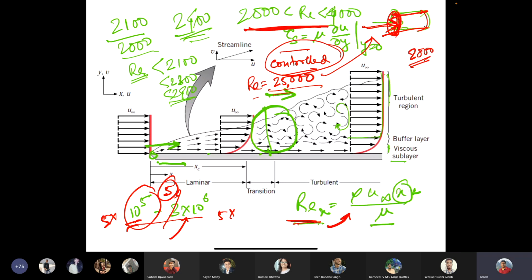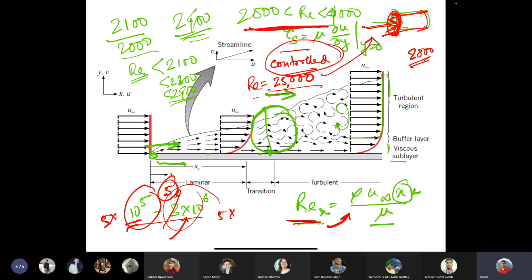This is a typical GATE question. The aptitude question found in GATE is: for flow over a flat plate, what is the critical Reynolds number? You have to look for the correct magnitude.